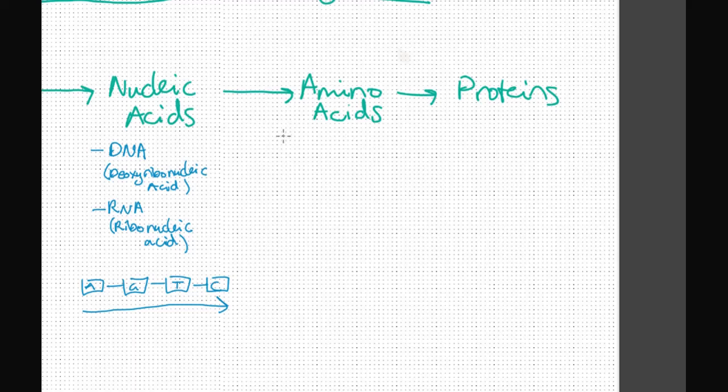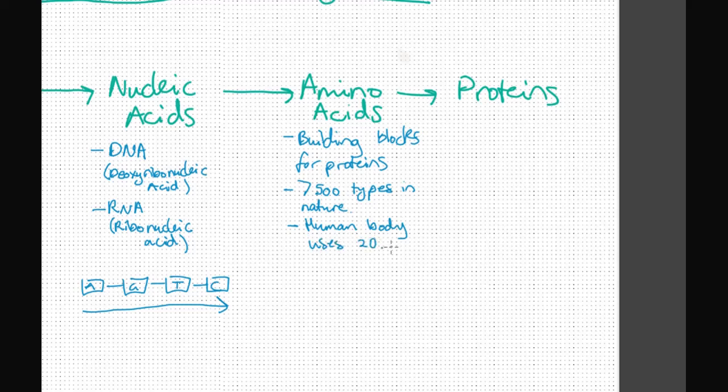So let's first talk about what amino acids are. These are basically the building blocks for proteins, which I mentioned in one of my last videos. There are more than 500 different types of amino acids found in the world, but when you're talking about the human body, we only use 20.